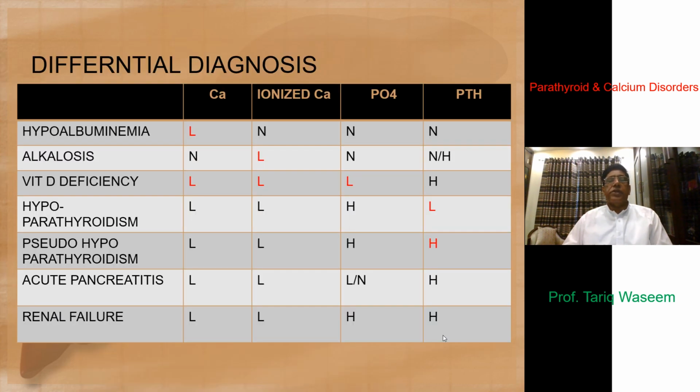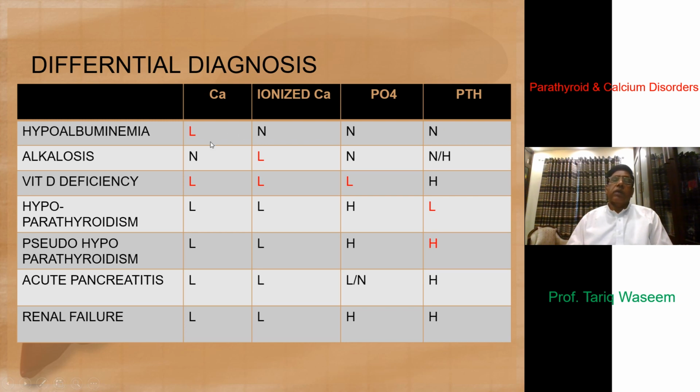This is a differential diagnosis of when you have a calcium level low. What we usually take notice of is four things: calcium, the ionized calcium, the phosphate, and parathormone. Since the majority of calcium is bound to albumin, hypoalbuminemia would lead on to a low total calcium, but the ionized calcium, phosphate and parathormone level would be normal.